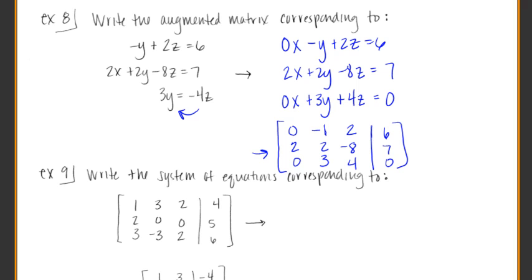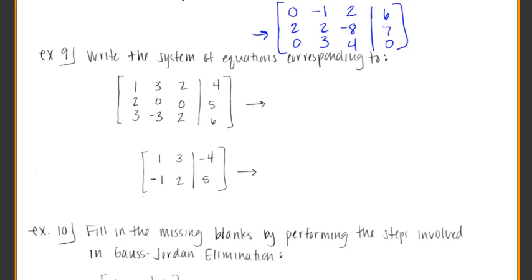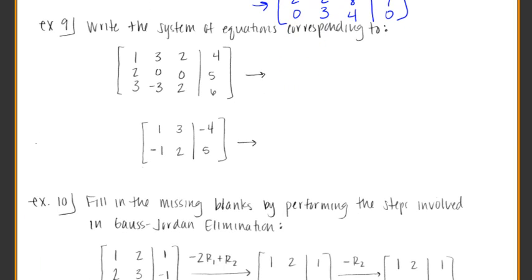Right? Over here in example 9, what we want to do is just kind of go backwards. Here's my augmented matrix. Let's go back and write the system of equations. Okay, looking at the columns, looks like I've got a total of 4 columns. So these are always my constants, what the system's going to equal in each of the 3 cases. And then variables out, so x, y, and z.